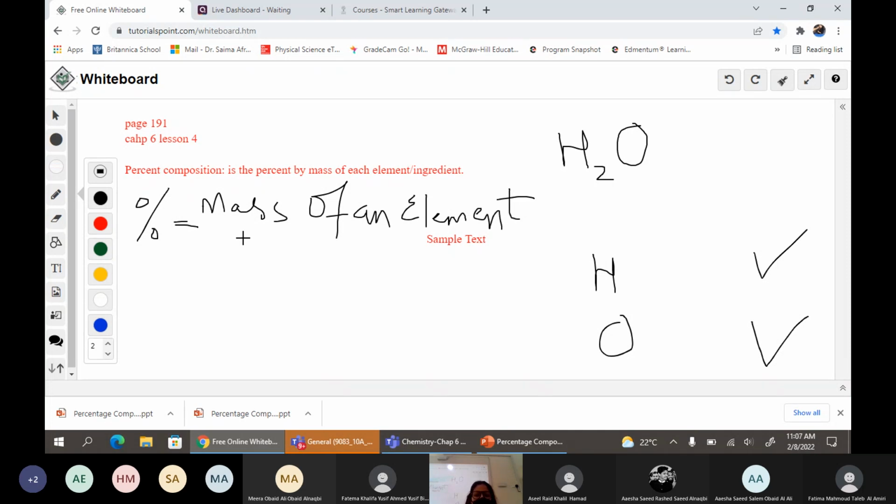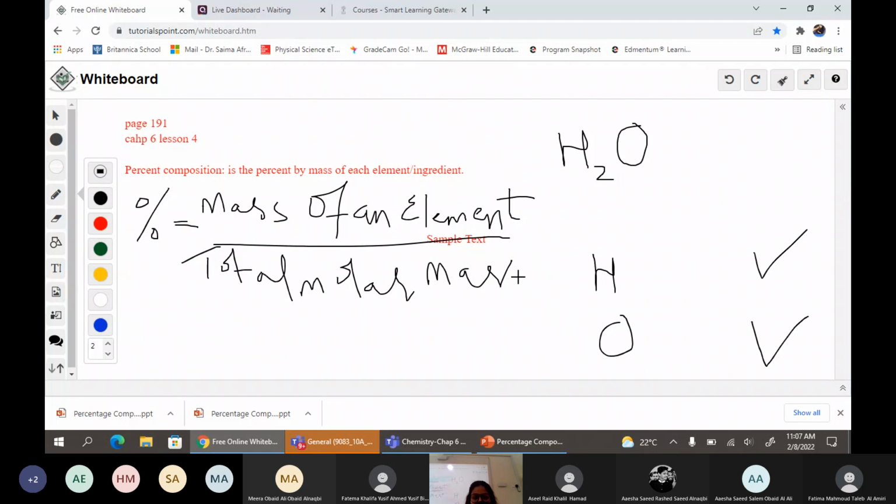So you put the mass of an element up divided by the total molar mass of the compound. And then you will multiply by 100.